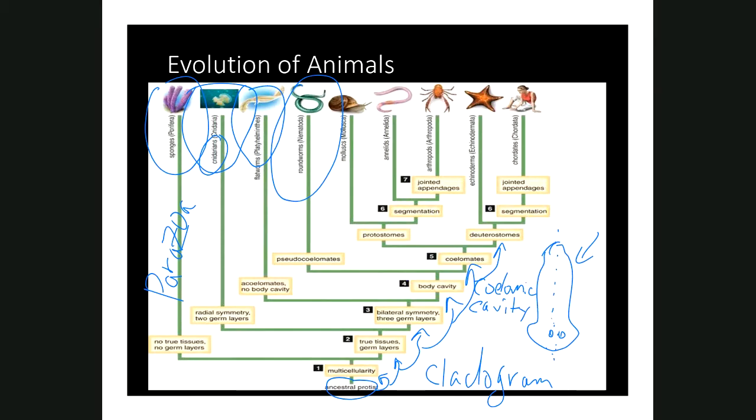As it turns out, if you're what we call a protostome, then you make your mouth opening first. And that includes all the animals we're going to discuss today: the mollusks, the arthropods, and also the annelids, which includes the earthworms and leeches.